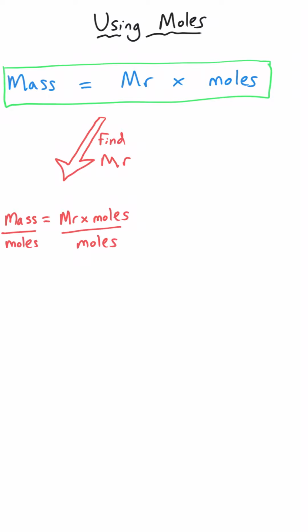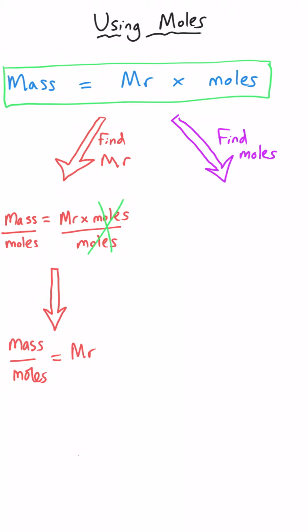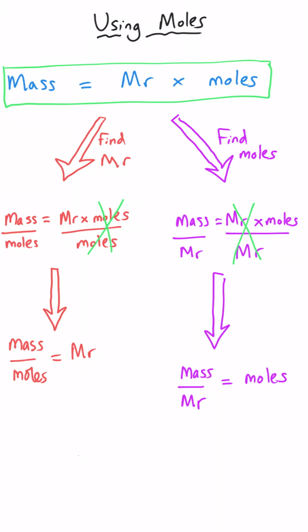We have to divide both sides by moles. And moles divided by moles on the right hand side is going to cancel out. So we're left with mass over moles is equal to the Mr. And similarly, if we want moles equals, we have to divide both sides by Mr, and those two Mrs on the right will once again cancel, and we're left with mass over Mr is equal to moles.